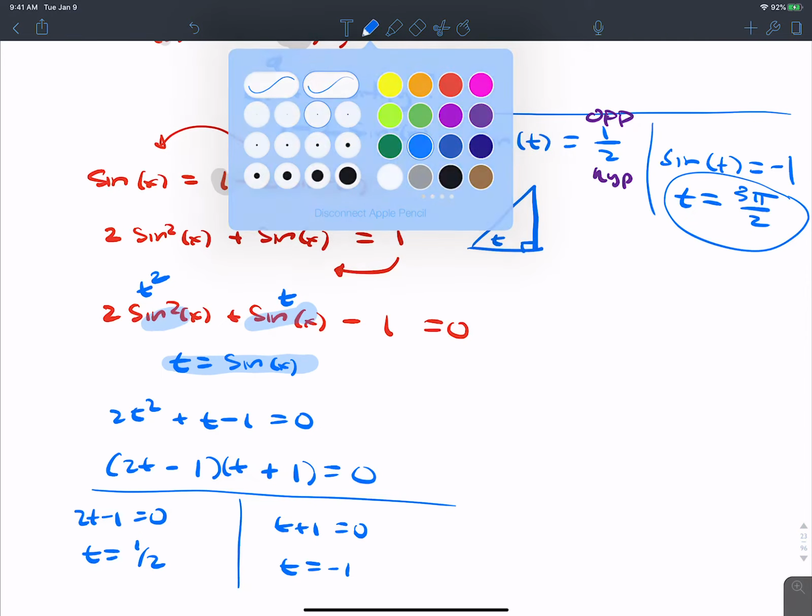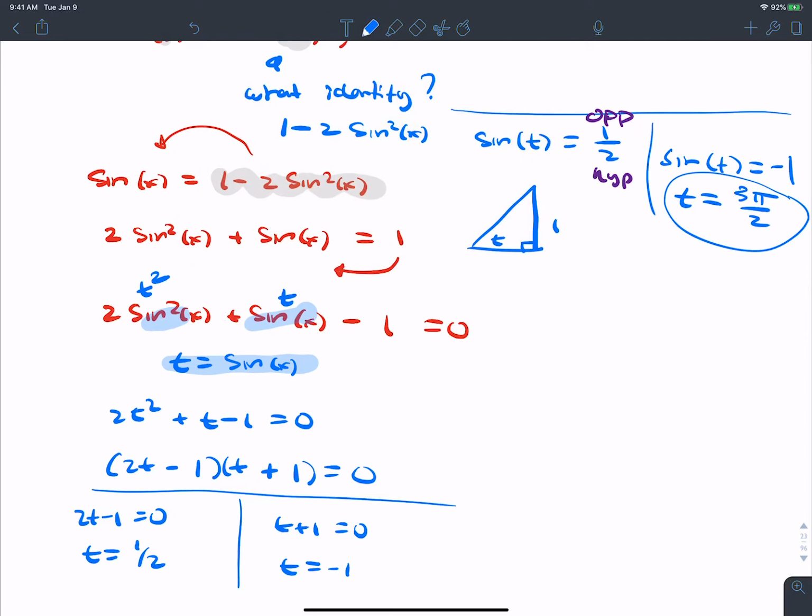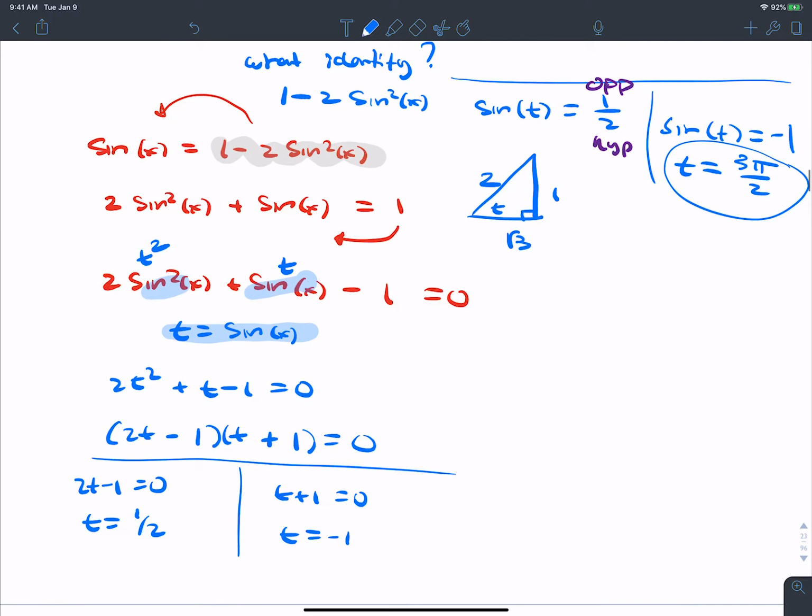So opposite side is 1, hypotenuse is 2. What's the adjacent side? Is that square root of 3? I believe so. What angle for t is this, by the way? Remember this triangle? 1, 2. What does that mean t has to be? This is a special triangle. This is your 30, 60, 90 degree triangle. Is that right?